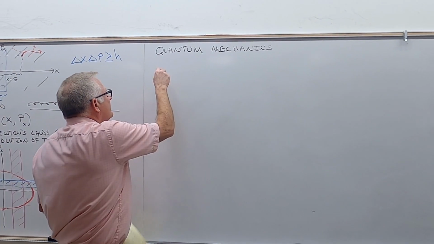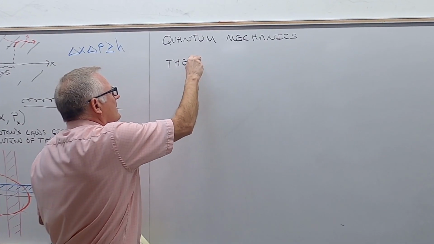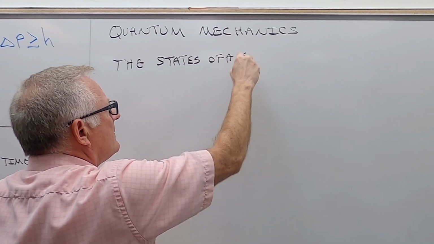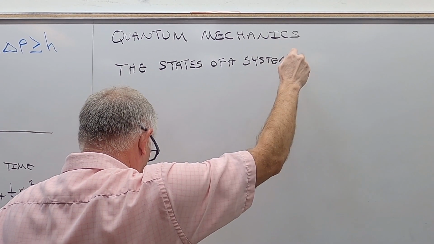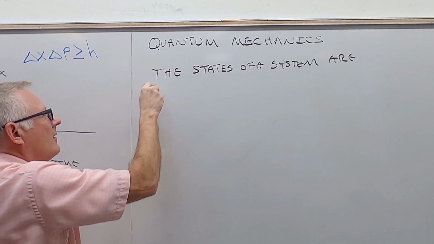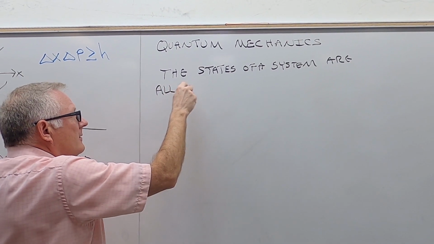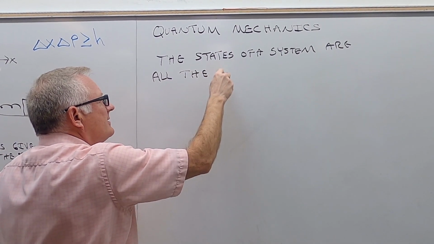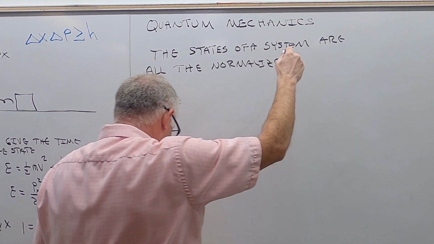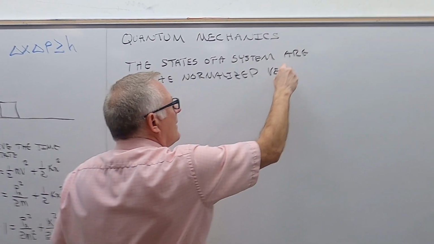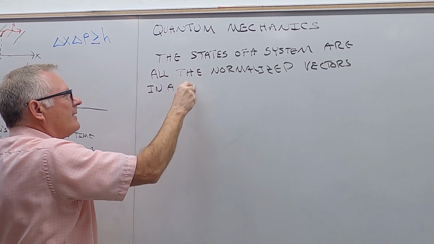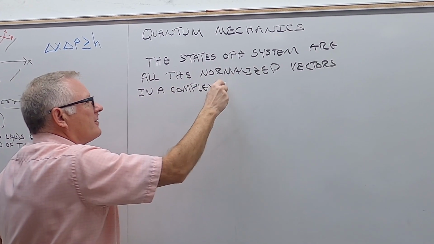It says the states of a system are all the normalized vectors in a complex vector space.